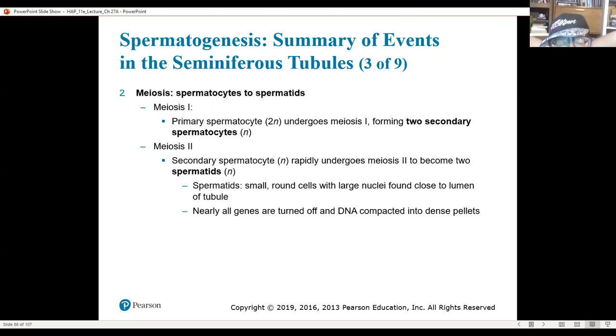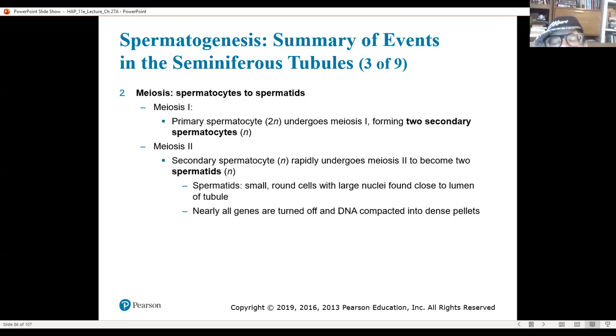Those will grow up to be secondary spermatocytes, which then enter meiosis 2 and divide rapidly to become 2 spermatids for each secondary spermatocyte. So since the first division gave you two secondary spermatocytes, you are going to end up with 4 spermatids.